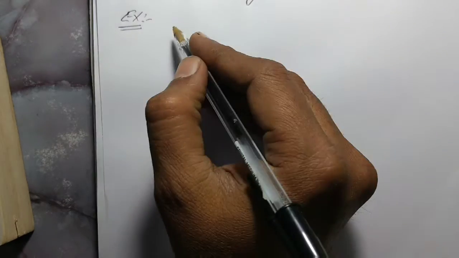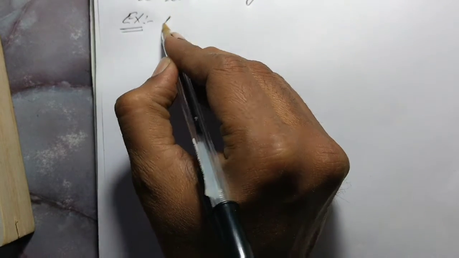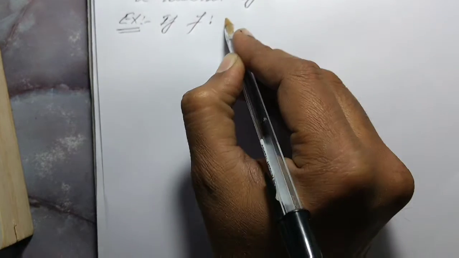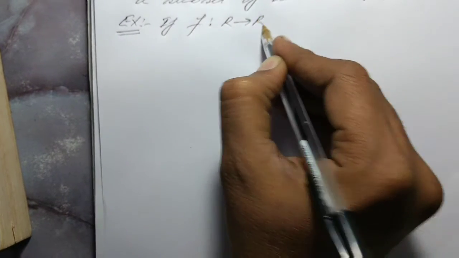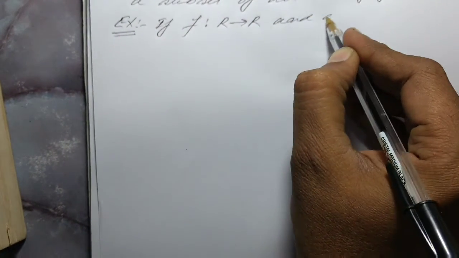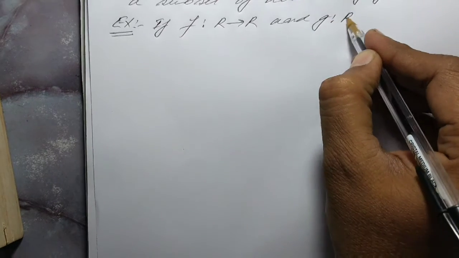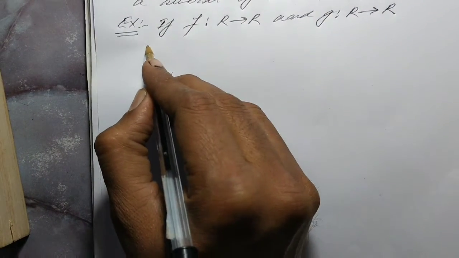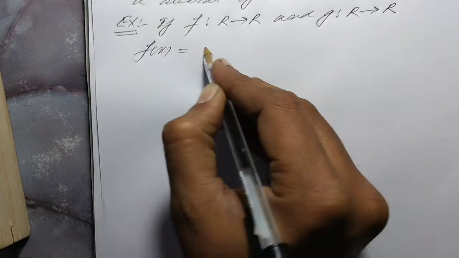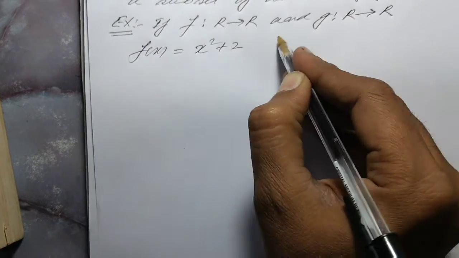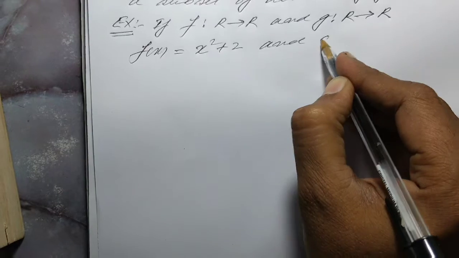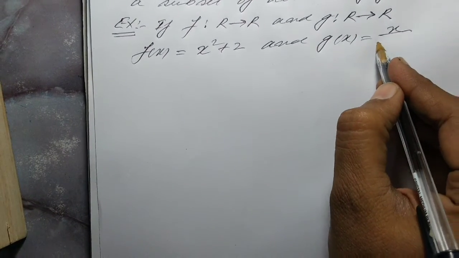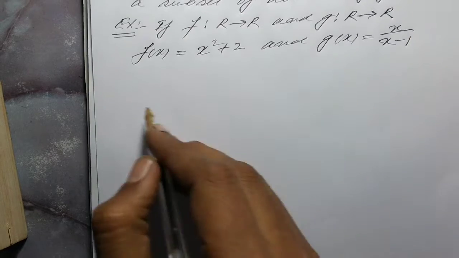For better understanding, let us take an example. So if f is a function from R to R and g is another function from R to R, and f(x) is defined as x square plus 2 and g(x) is defined as x upon x minus 1.